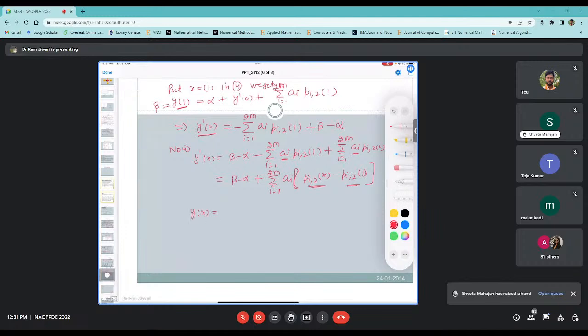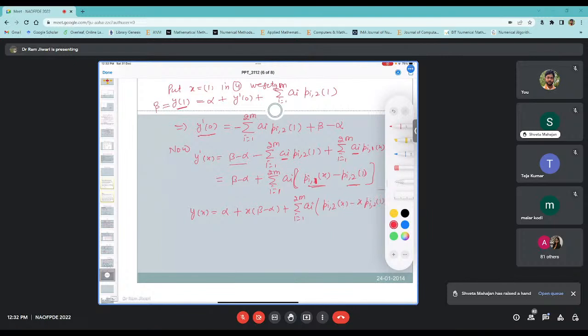Alpha plus x into, so x will multiply with all these things. So x times beta minus alpha, and again plus summation i running from 1 to, oh sorry, ai outside and pi 2 of x minus x and pi 2 of 1.